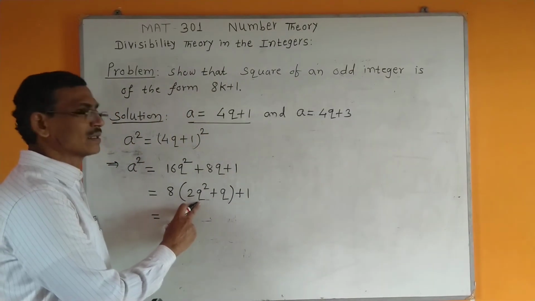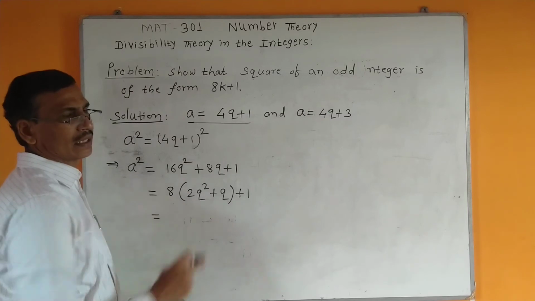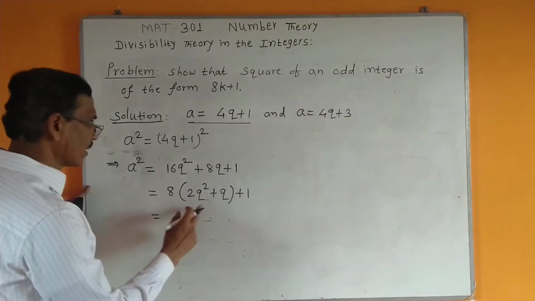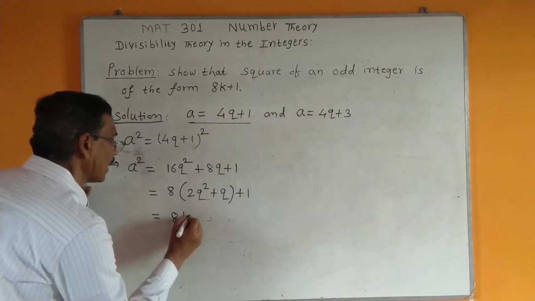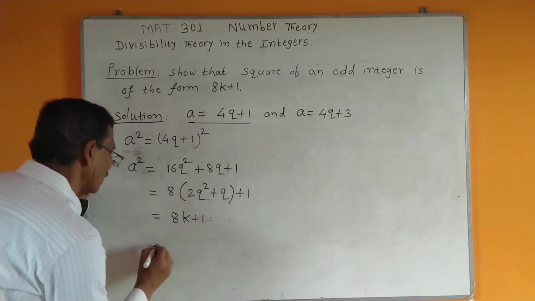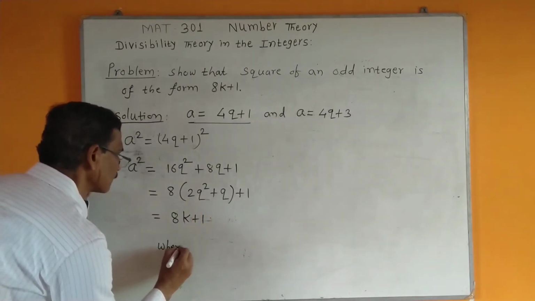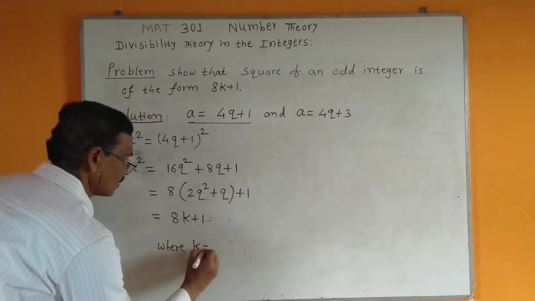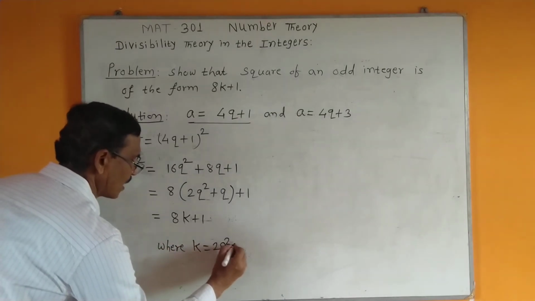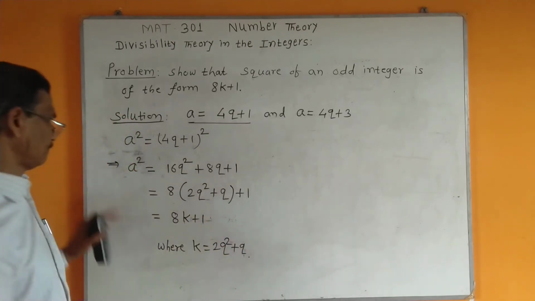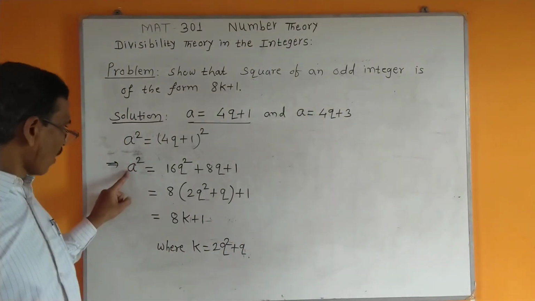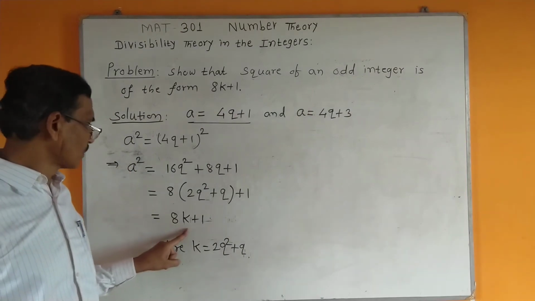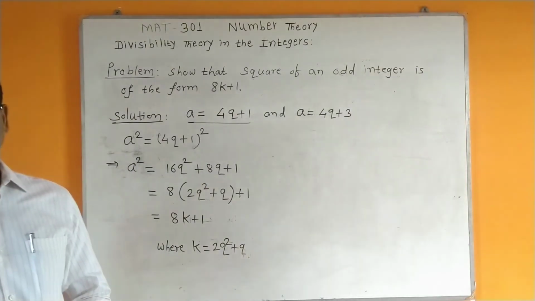Again 2q square is an integer and sum of two integers is a new integer. We denote this new integer by k and we write this expression as 8k plus 1, where k is 2q square plus q. That means for the first case we get the square of an odd integer is of the form 8k plus 1.